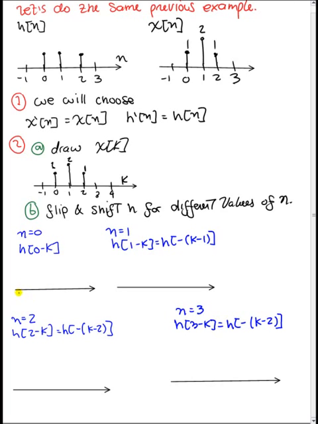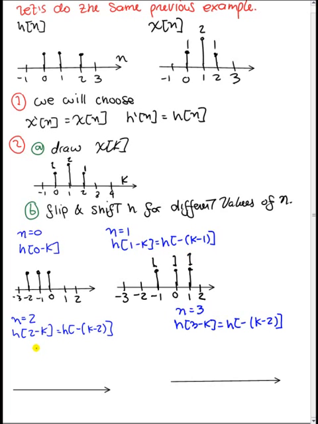So we're gonna put -3, -2, -1, 0, 1, 2. For n equal to 0, basically just time reverse. And then for n equal to 1, again -3, -2, -1, 0, 1, 2. We're gonna have time reversal and then a delay of 1 unit. So it's gonna start here. That's it, simple.